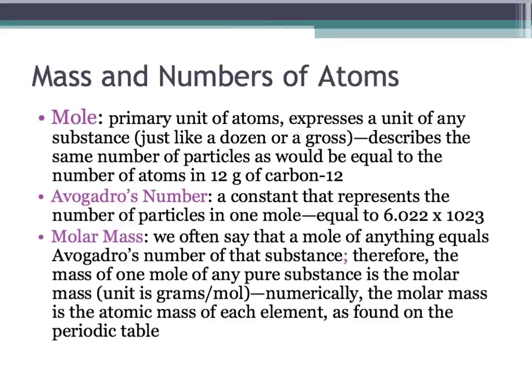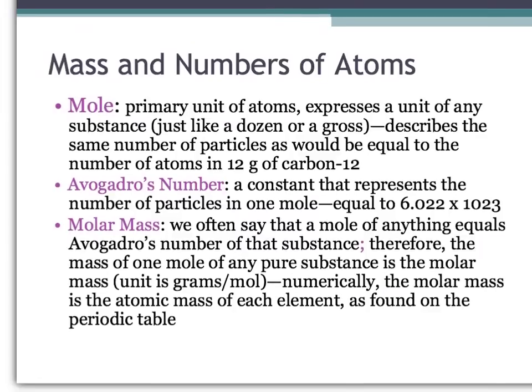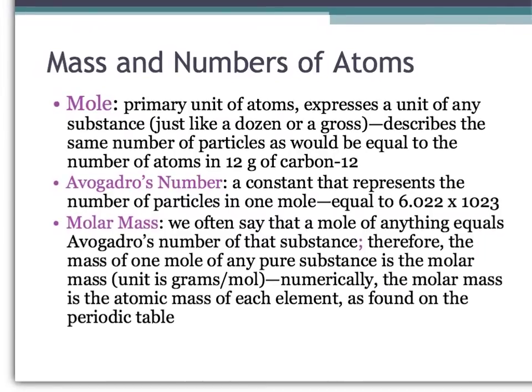There are some other units that we will use quite frequently in chemistry, and the first one is the mole. And this is a totally bizarre unit name, but it comes from molecule or molecular. And so mole is the primary unit for measuring numbers of atoms, although moles can be used to measure the number of anythings.